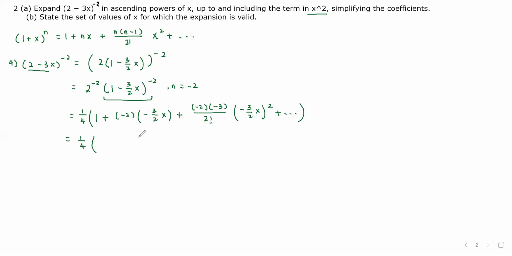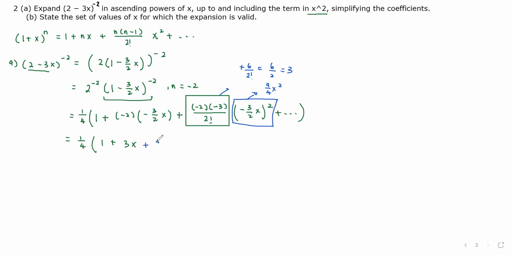And we have 1 over 4. So -2 times -3 over 2 is a positive 3x. For the next part, -2 times -3 is positive 6, over 2 factorial, which is 6 over 2, and that is a 3. And this part, when you square, we have 9 over 4 x squared.